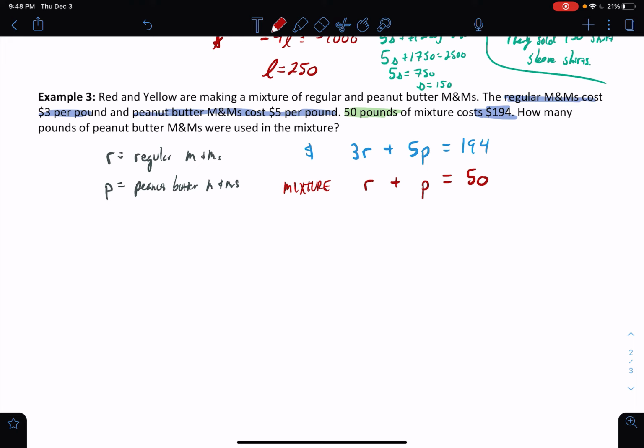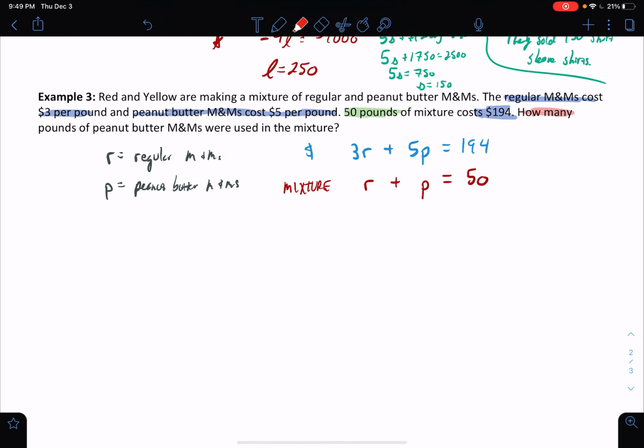Okay? So the first equation dealt with the money, and the second equation just dealt with the fact that if I take the pounds of regular plus the pounds of peanut butter and I add them together, it's got to equal my total, which is 50 pounds. All right? So now I got my system. Now I want to solve, make sure you're paying attention to what we want to solve for.